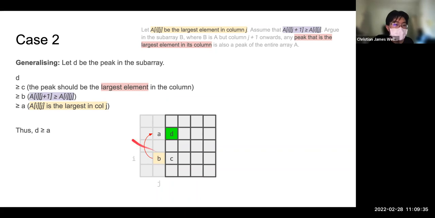So by following this series of inequalities, D is greater than C, greater than B, greater than A. So we have D greater than A. This is something you've seen before. I understand maybe some people don't remember the argument, but hopefully this refreshes your memory a little bit about how we argued this.